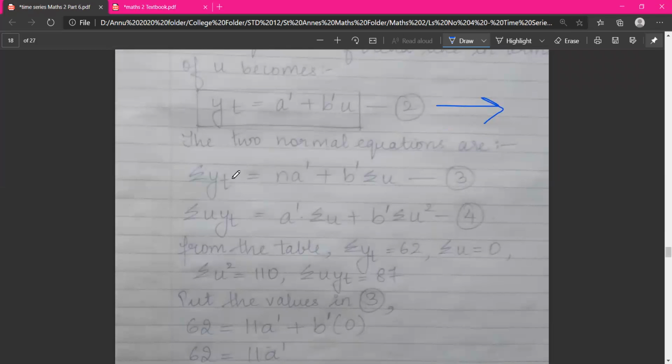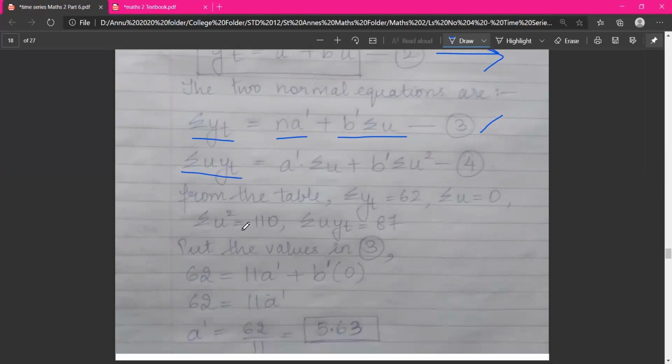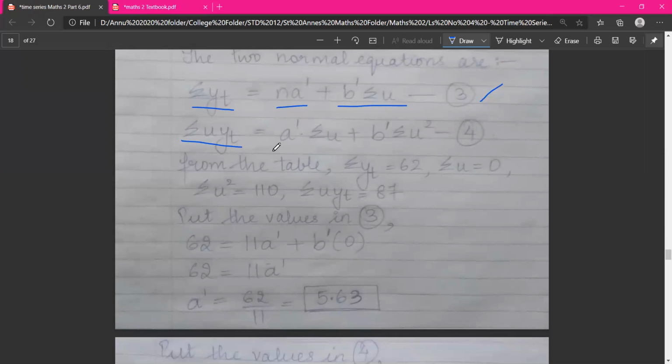Now the two normal equations are summation YT is equal to NA dash plus B dash into summation U, that you will name as equation number 3. And the next normal equation, summation U into YT is equal to A dash into summation U plus B dash into summation U square, equation number 4.